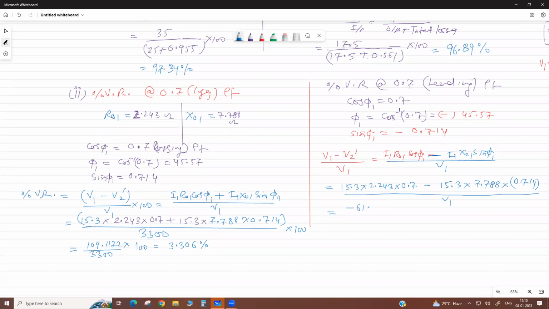Voltage regulation depends on power factor. At lagging power factor it is positive, at unity power factor it is again positive, but at leading power factor it is negative because your output terminal voltage is higher than your induced voltage due to the capacitive load.